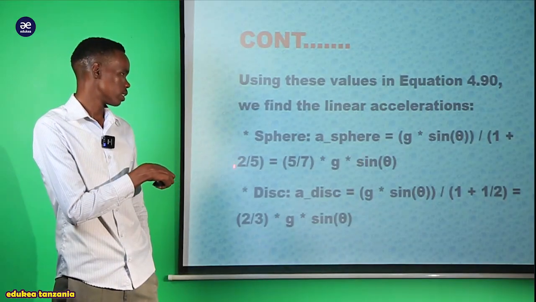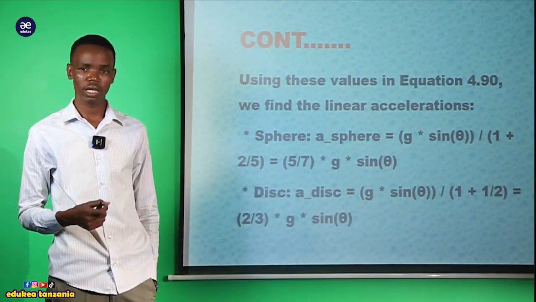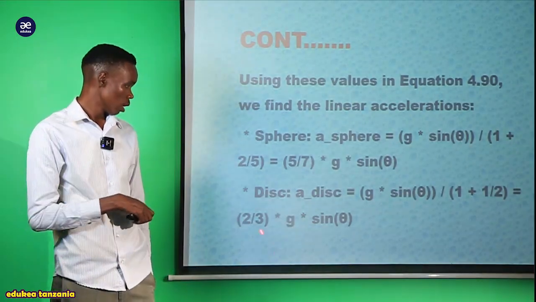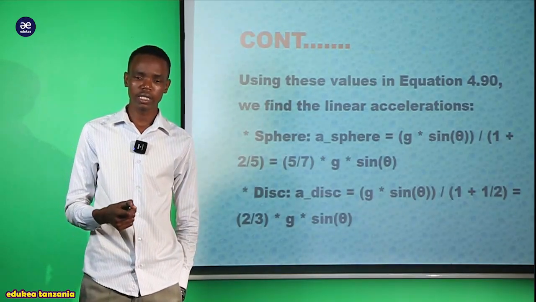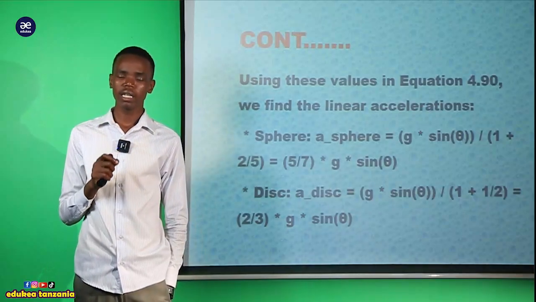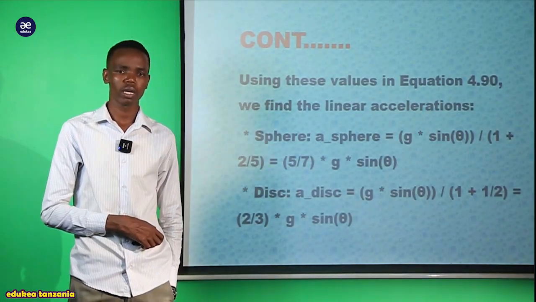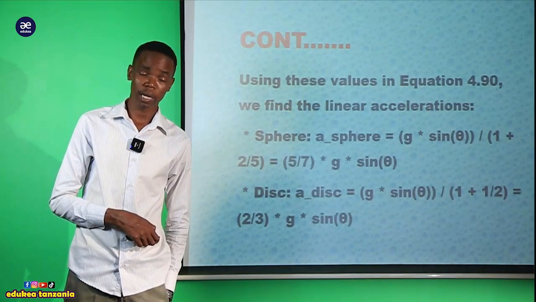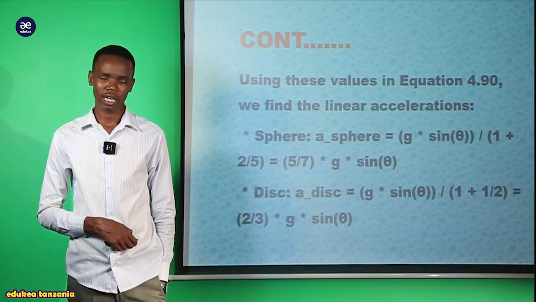Now this is the linear acceleration for the solid sphere so as to arrive at the bottom. So after that one, let us go and look for the disk. The same formula we can apply by saying that the acceleration of the disk must be equal to g sine theta, divided by 1 plus c, but the value of c we have, which is a half.